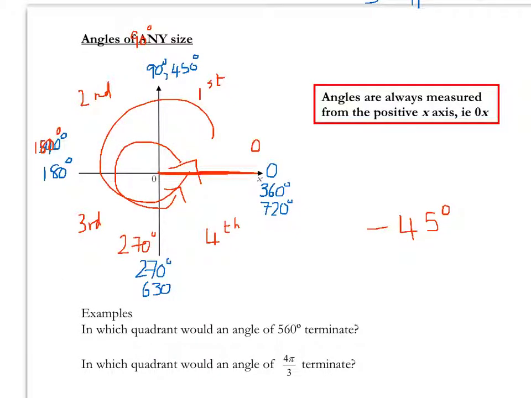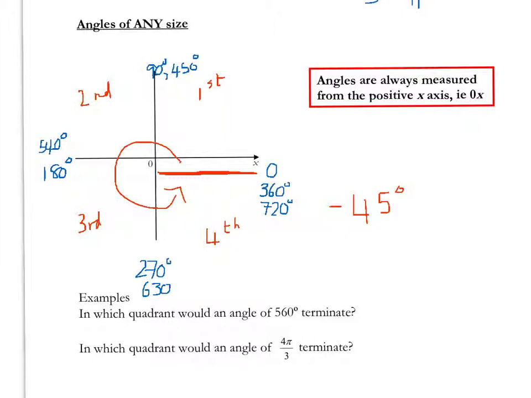If you have a negative angle, you actually are going in a clockwise direction. So again, that would be 0, that would be minus 90 degrees, this one would be minus 180 degrees, this one would be minus 270 degrees, and then going one full revolution, minus 360 degrees. So that's going in a clockwise direction.